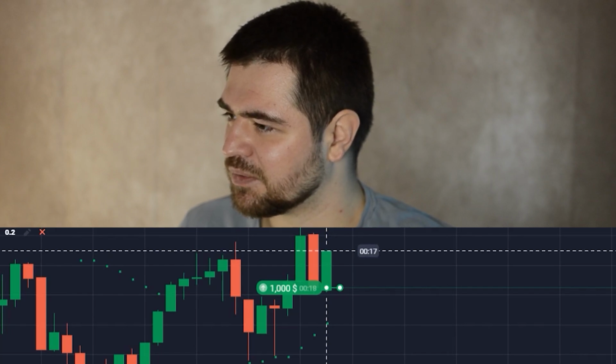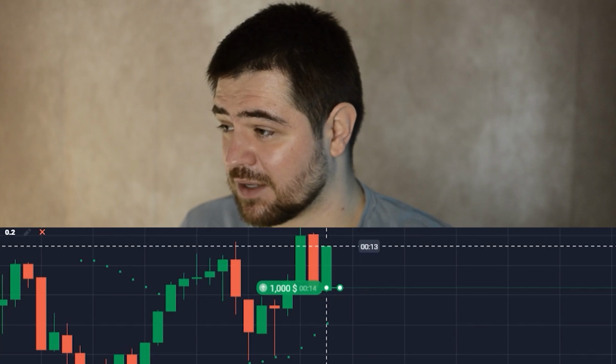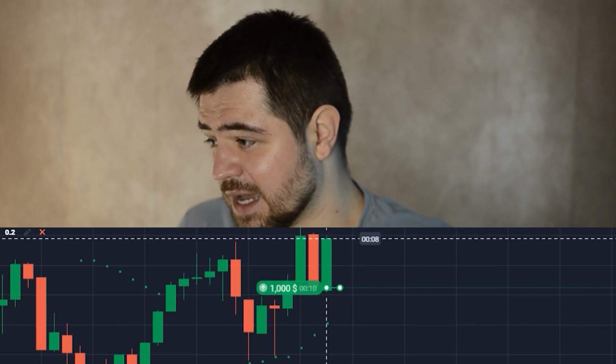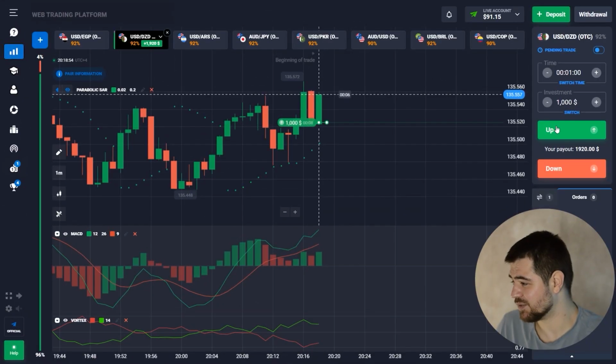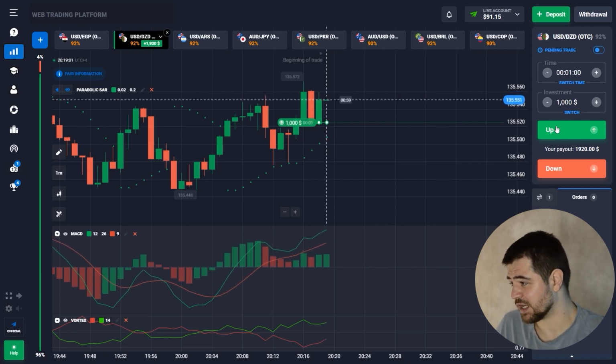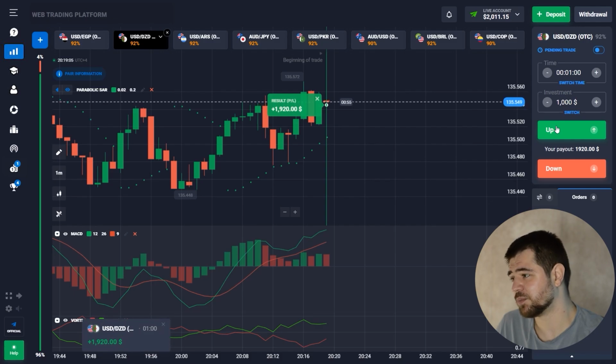Okay, so here we made a 1,000 call option. Vortex is showing a dominance of the green line, which is a bullish trend, and then MACD is looking at the top.